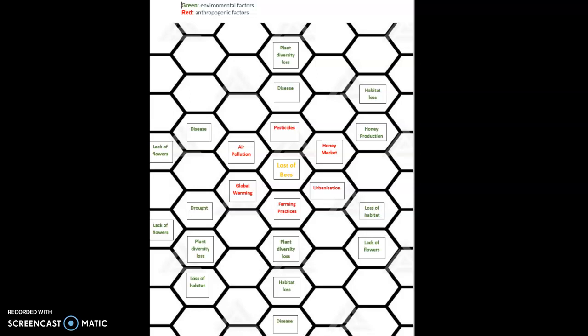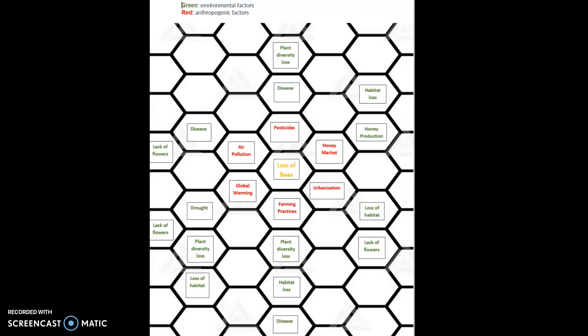I listed multiple environmental factors for each anthropogenic factor because I thought that it had more environmental impacts and factors than just one. Obviously, this isn't the entire list of factors that are out there that are causing the loss of bumblebees.